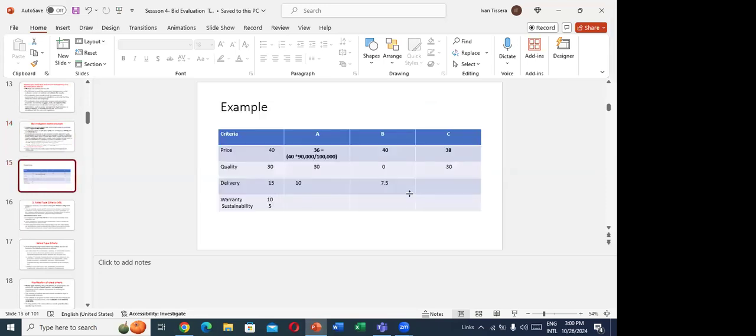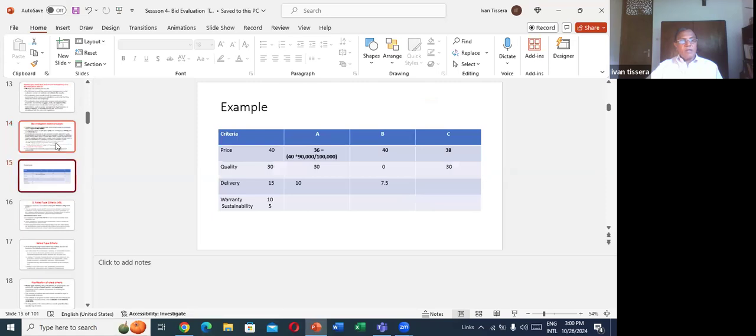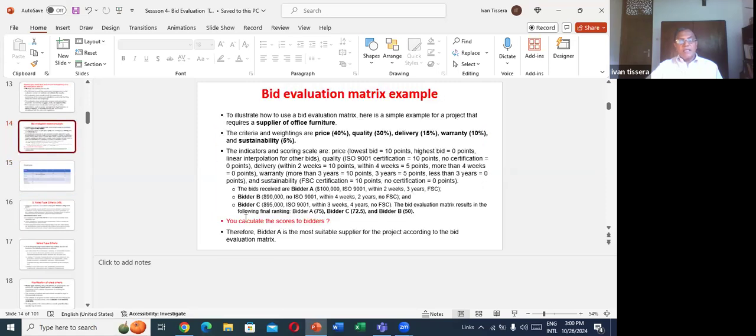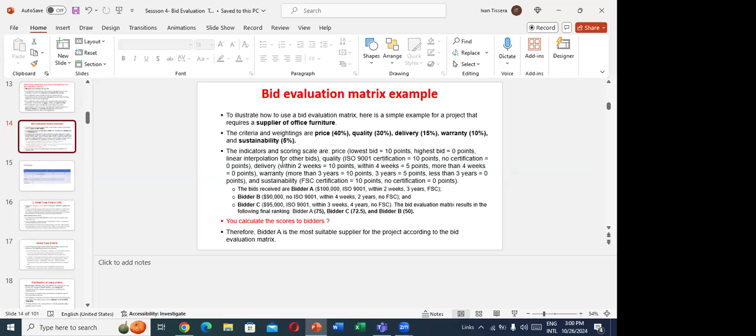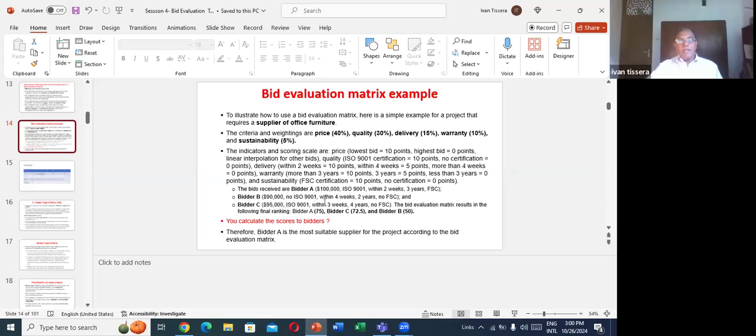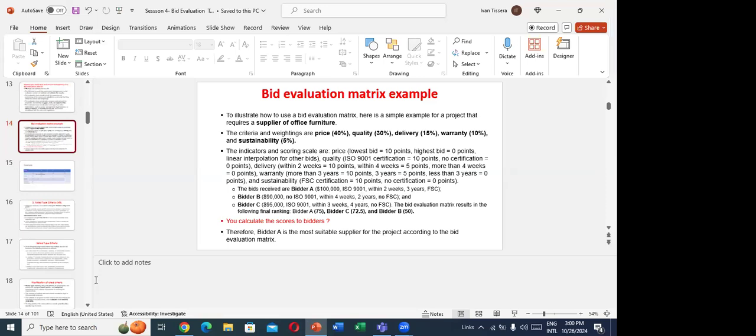Calculate for the delivery. Sorry, delivery how many weeks? B 4 weeks. Within 4 weeks now, how many marks? 5 points. 0.5 the 10 only.